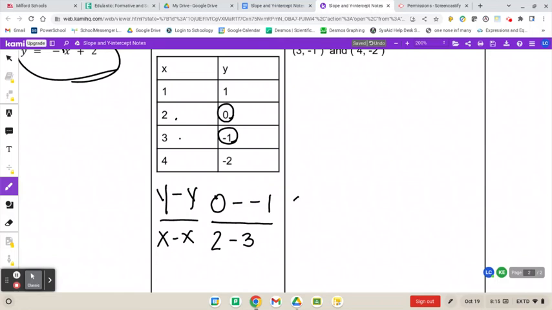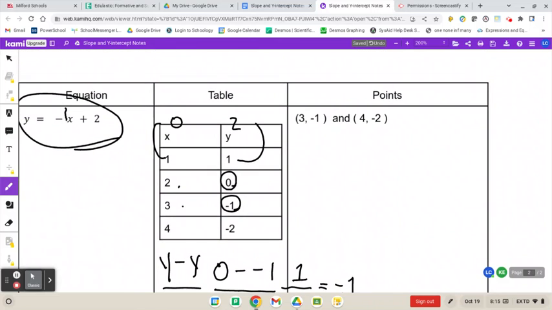That gives me a 1 over a -1, which simplifies to a -1. Now you should notice here, to get the y-intercept, you need to work backward. So I'm going to go back 1 to get 0, so x is 0. And here I'm going down 1 each time, so I need to do the opposite, so that would be 2. So the y-intercept would be 2.